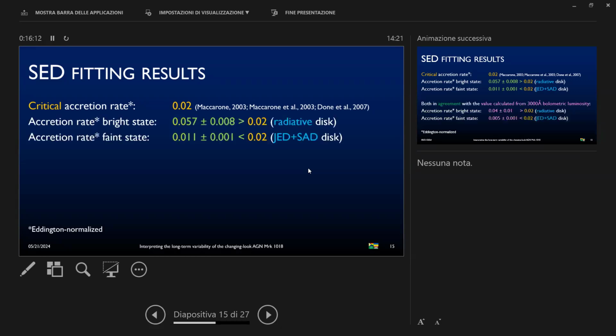From the SED fitting, one of the parameters is the accretion rate, and we can see that in the bright state the accretion rate is above 0.02, again confirming the fact that the disk is radiative in the bright state, while in the faint state it is below 0.02, again confirming that the disk cannot be radiative anymore.